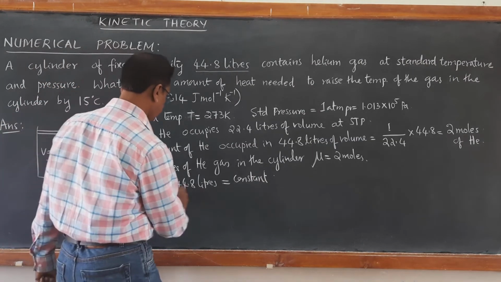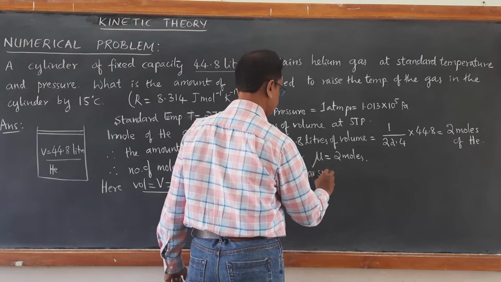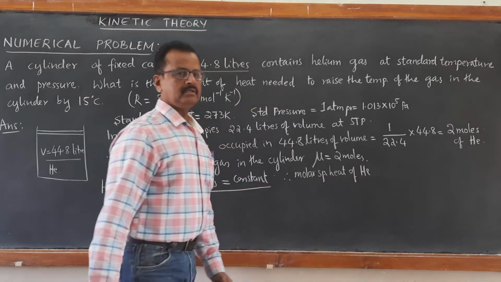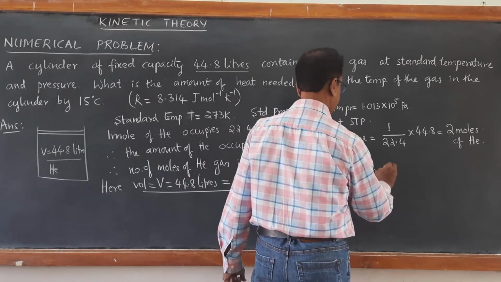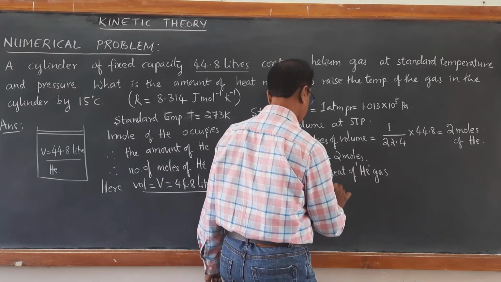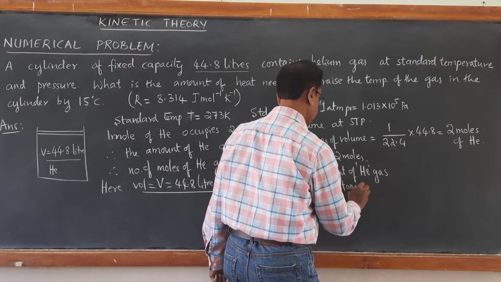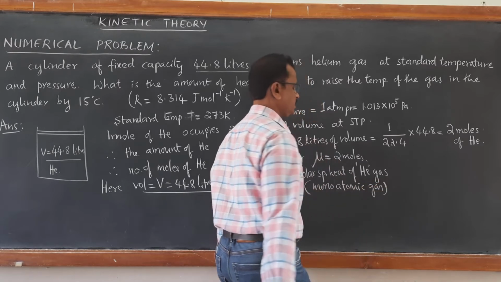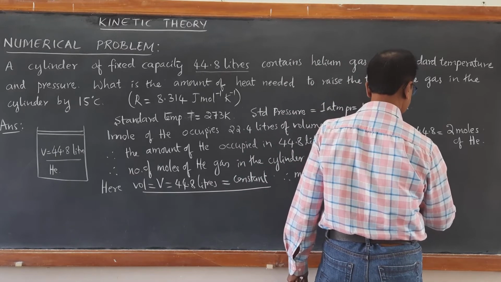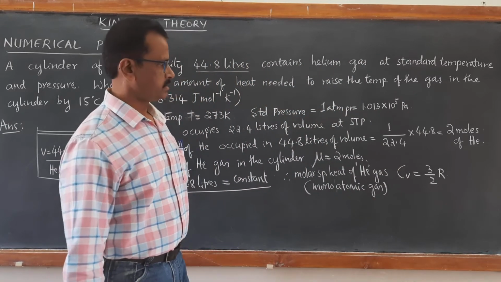Since volume is constant, helium gas is a monoatomic gas. So the molar specific heat of monoatomic gas, which we have already calculated in the previous video, is 3 by 2 R, where R is the universal gas constant.